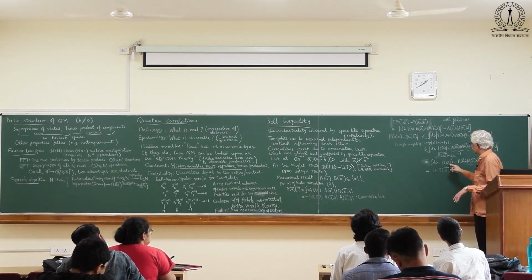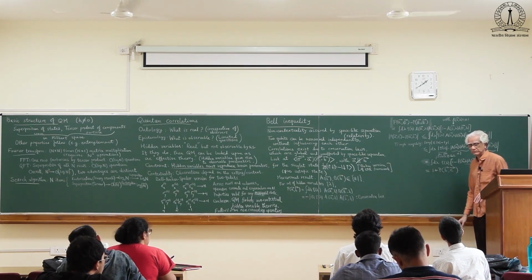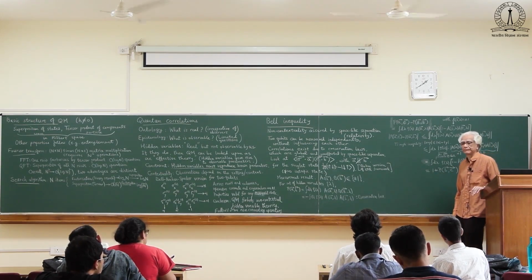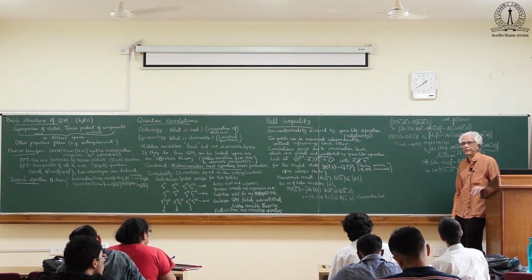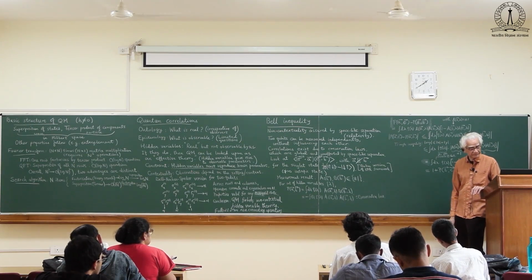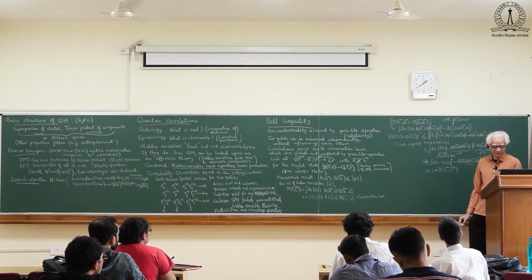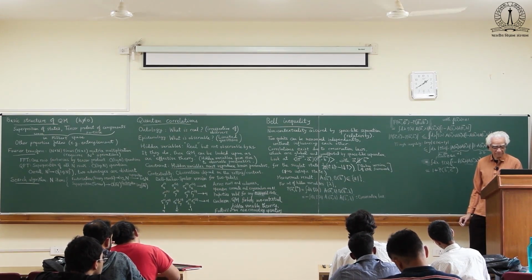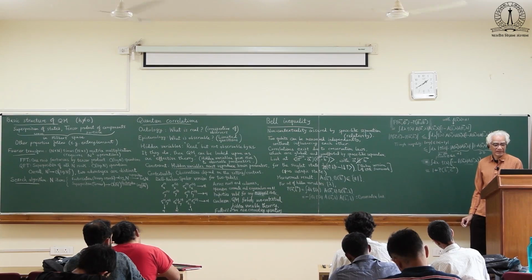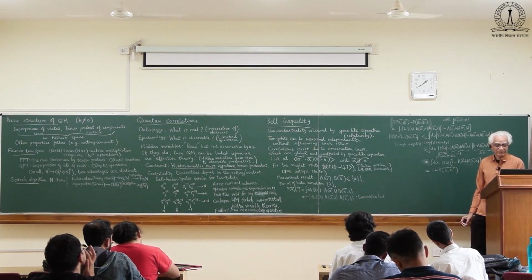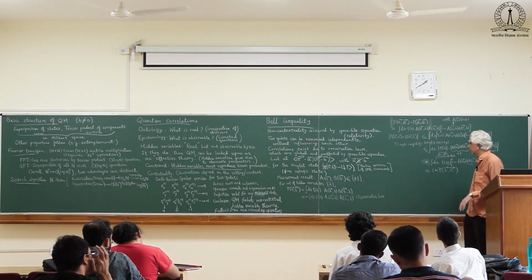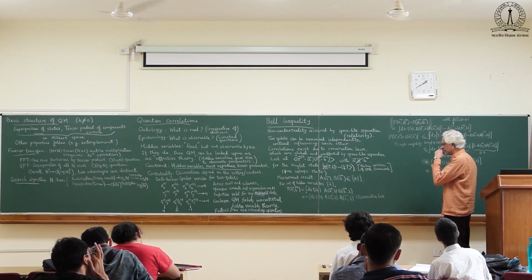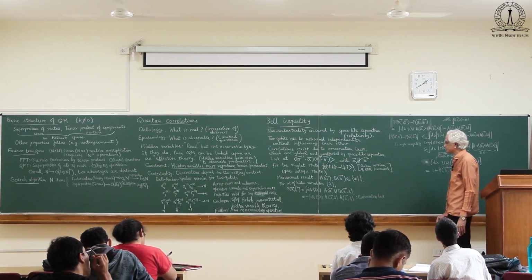So the integral of d lambda rho lambda is 1. So that's the end of the story. And the rest of it is now figuring out what is important and what is not.